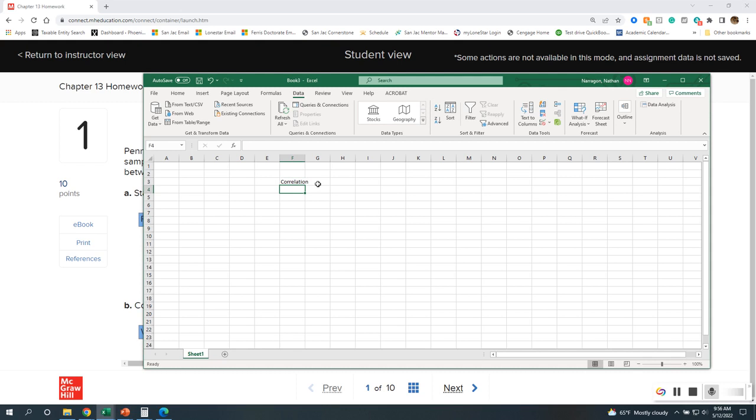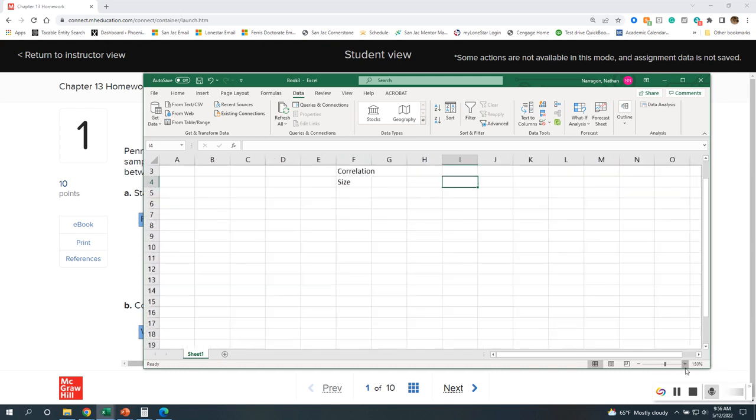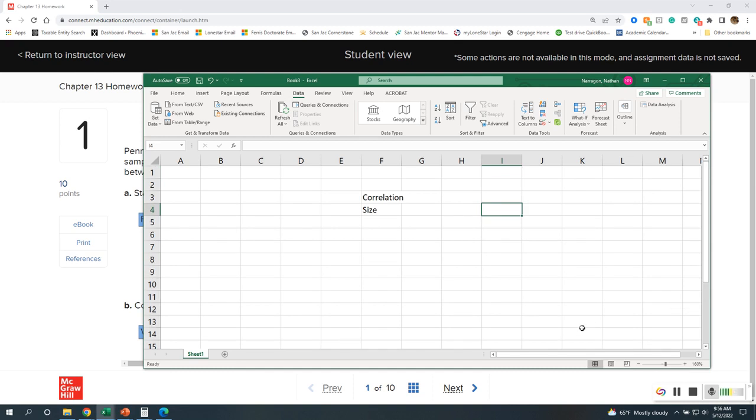So we have our correlation and basically sample size. So I'll just put size. Reason why I'm doing this again is to build the formula into Excel if you haven't done so already. This way, again, you have it already pretty much pre-programmed. That's what we're doing. We're basically using the software to program our formulas.